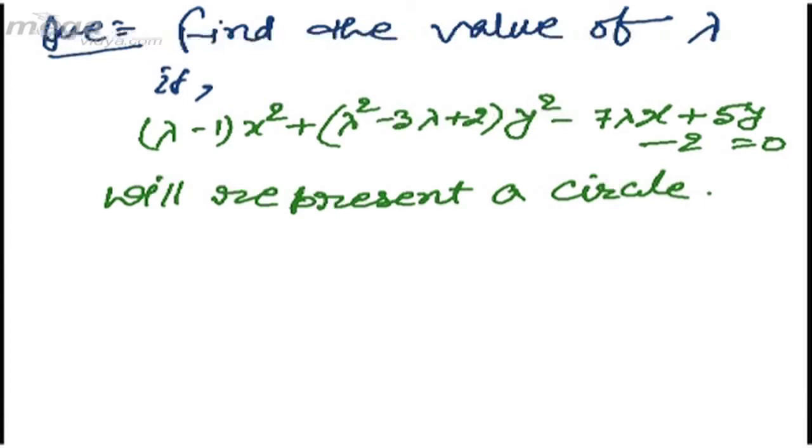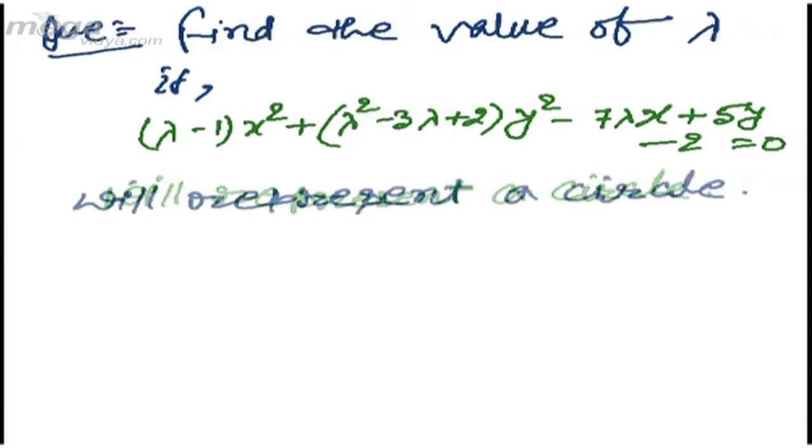Now student, I am taking an example based on the general equation of a circle. So student, the question is: find the value of lambda if lambda minus 1 x square plus lambda square minus 3 lambda plus 2 into y square minus 7 lambda x plus 5y minus 2 equal to 0 will represent a circle.